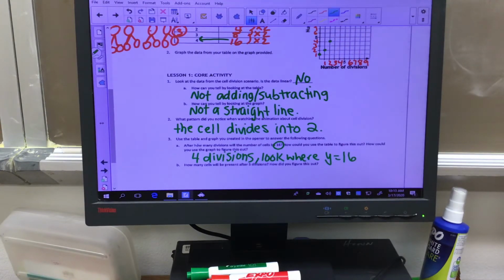But there is something that we know. What we know is, well, I could do the math. If I want to add 5 divisions, I would do 16 times 2, which is 32. And then how did we do that?